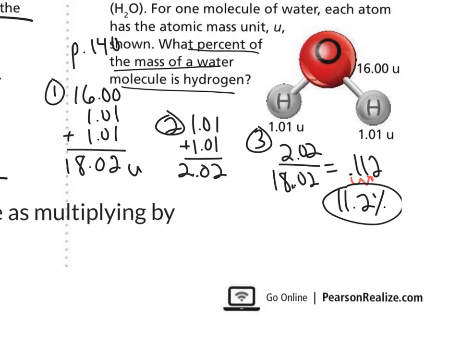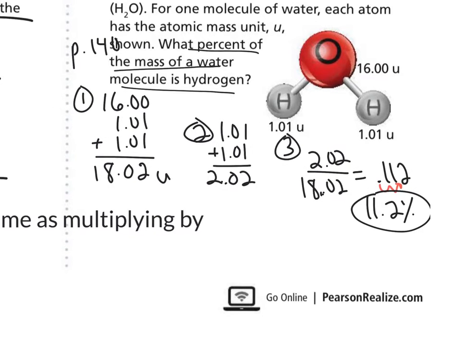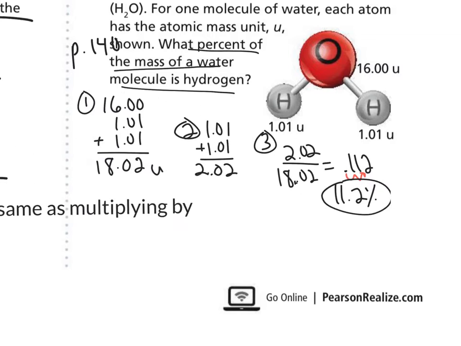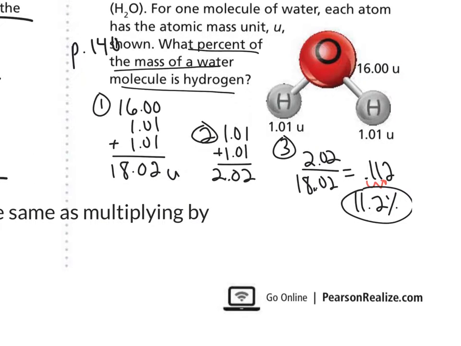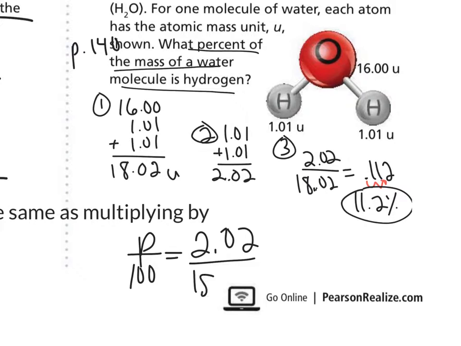One slightly different option would be, you could say we're trying to find the percent out of 100, and we know we've got 2 2/2 out of 18 2/2.